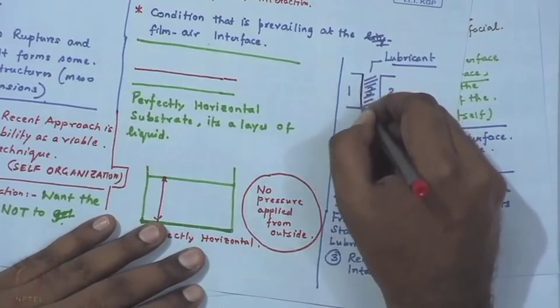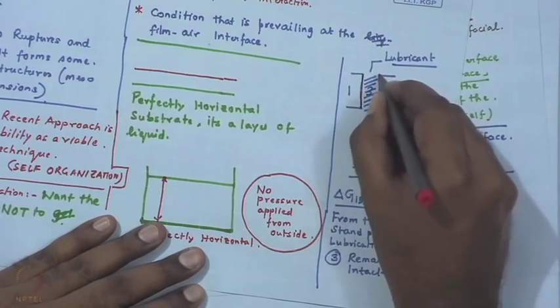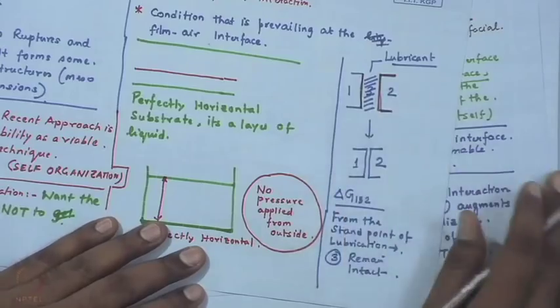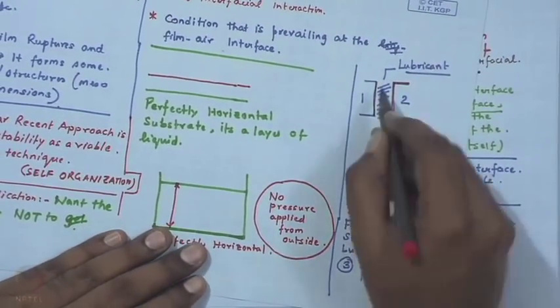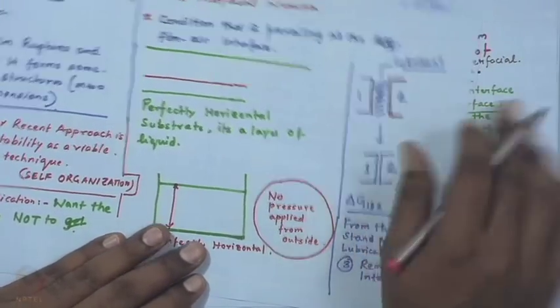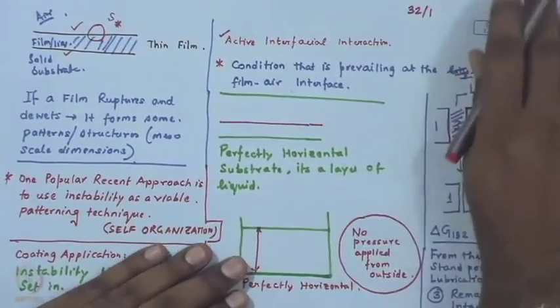So, when we talked about this lubricating film yesterday, here also the condition was that this film would remain stable if there is a repulsive intersurface interaction between the 1,3 and the 2,3 interfaces, then in that case the film will remain stable.